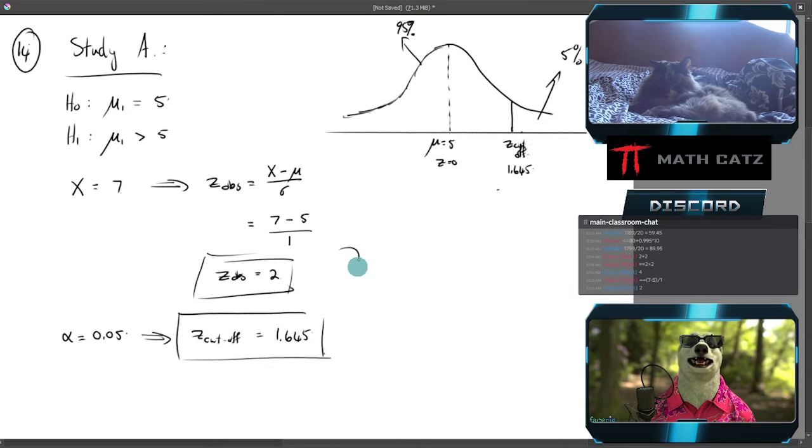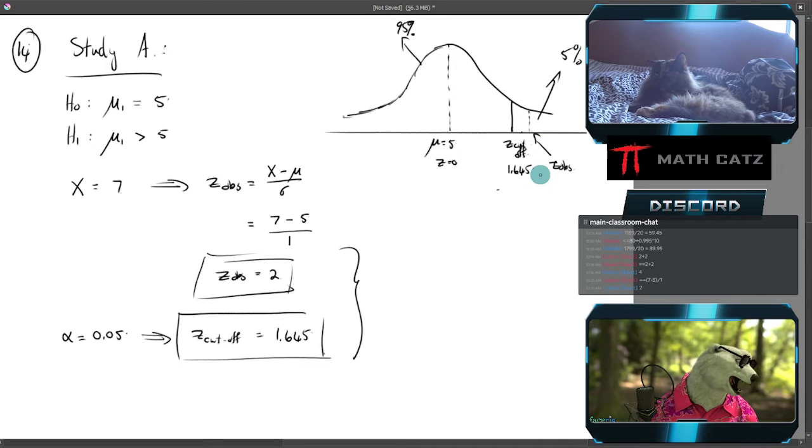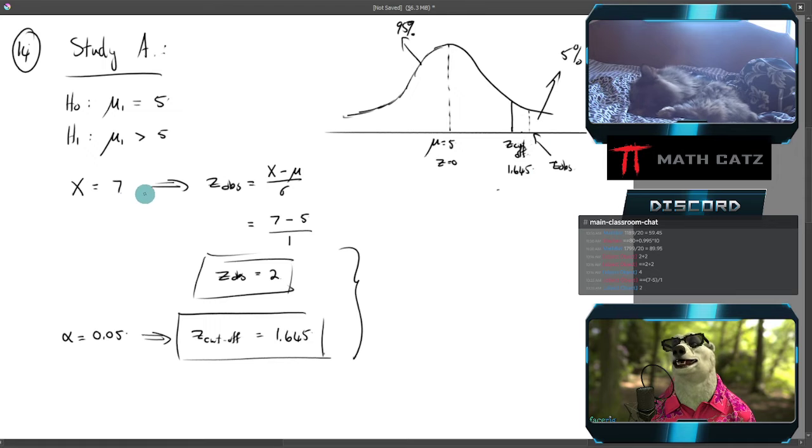Okay, so now let's put a box around that. I can use these two and compare them and say, well, my observed, move it a little bit over here, Z observed is further to the right of this cutoff line I was okay with. If I see anything past this cutoff line, that tells me that this isn't just a fluke.